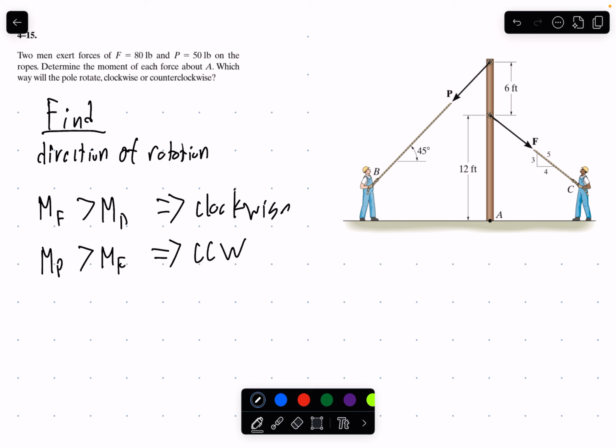At this point, we're going to have force F acting. It's given by 3, 4, and 5 triangular components, and we know that F is equal to 80 pounds.